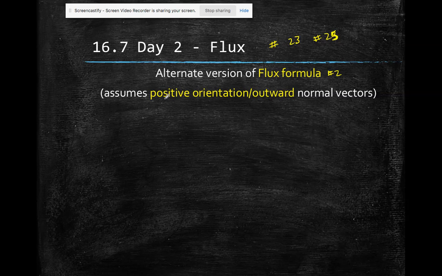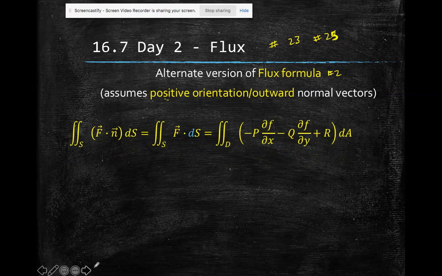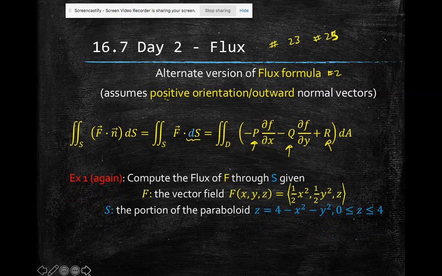For this formula, I do need the positive orientation for this alternative version, but it should look a little bit familiar. It has been proven that I can deal with this dS, kind of wrap the normal into it, and do the double integral of what sort of looks greenish. Of course, this means that you have to be able to identify a P, Q, and R component of your vector field, which I have.